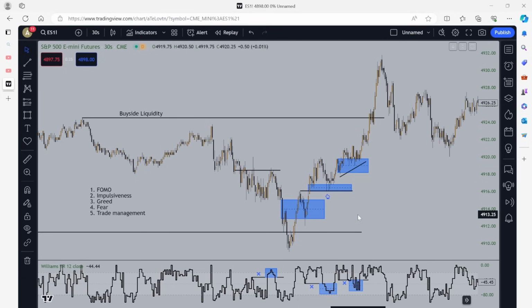The only market structure shifts we use here at Optimal Advance, okay, are coming in the form of, yes, a high gets taken, but also a balanced price range has to be formed. Okay, that's the only market structure we use here at Optimal Advance, is when we have a balanced price range formed, right, created, okay, and a high taken.